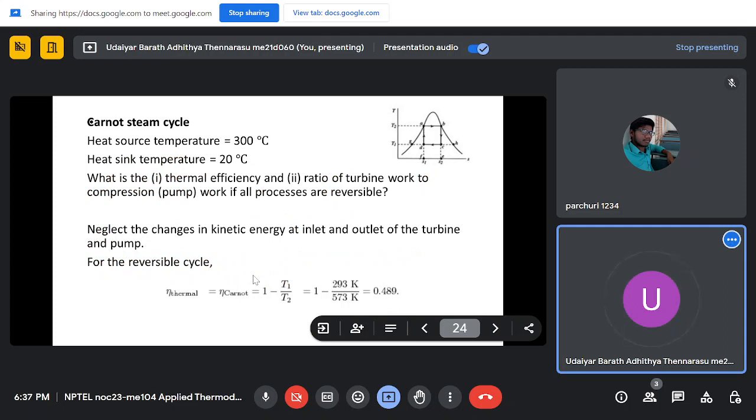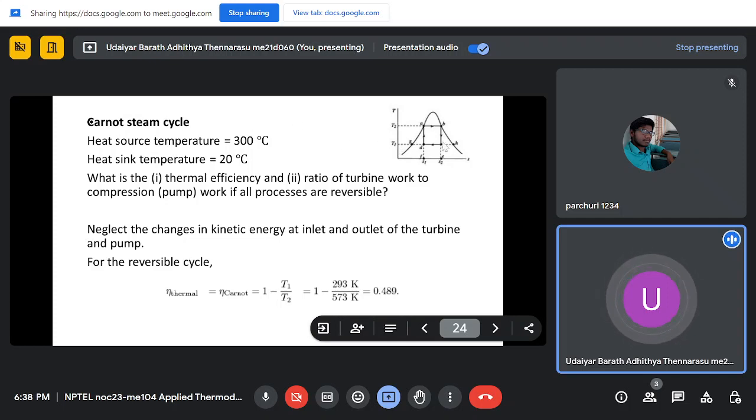So what I've taken is some problem to solve. I've taken a Carnot steam cycle, which I've already discussed in the first slide. It's inside the two-phase dome, and we have two temperature levels.